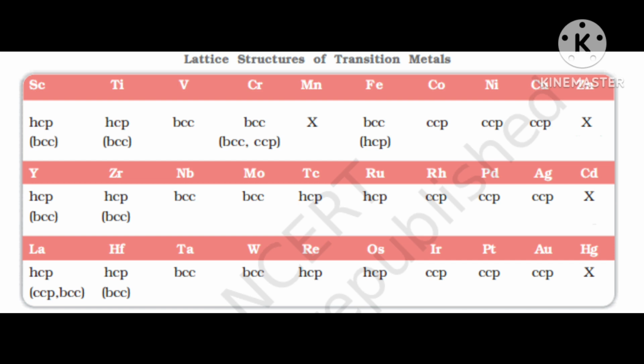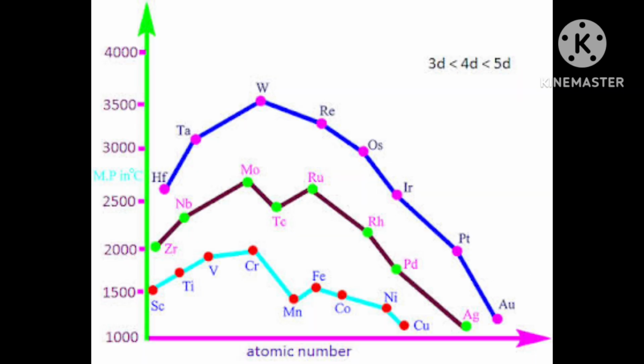Why does this happen? This is because the new electron enters a d orbital each time the nuclear charge increases by unity.